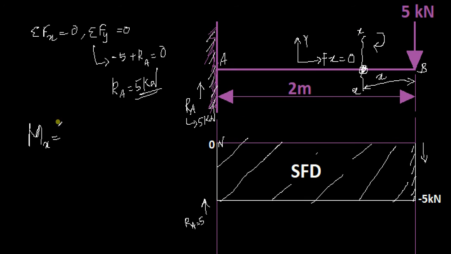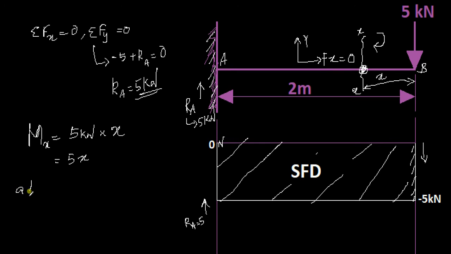Now the moment about x will be 5 kilonewton, which is the load, times the distance x. So that is your load and distance. You get 5x as your moment, and you need to give values for your x. So x varies from 0 to 2 meters.